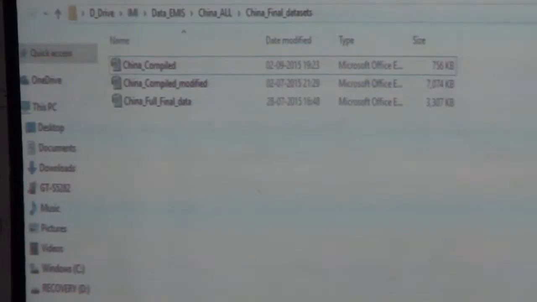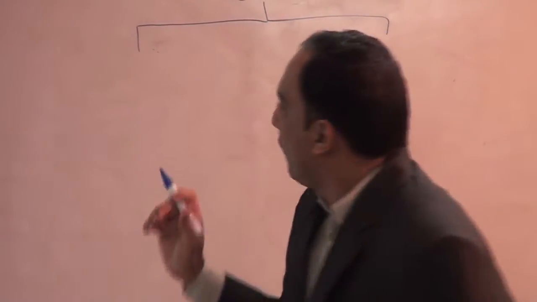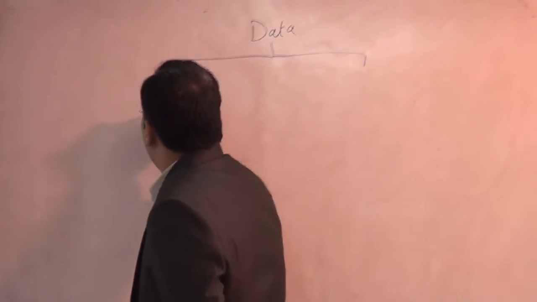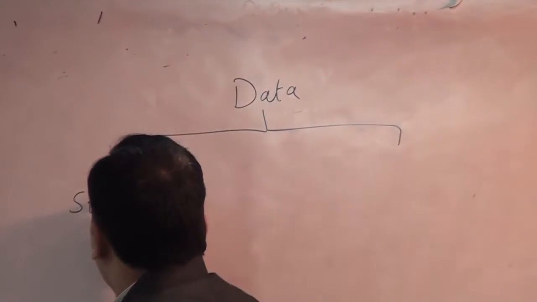So whenever you are having any data set, the first thing to test is whether all the variables are simultaneously stationary or not.